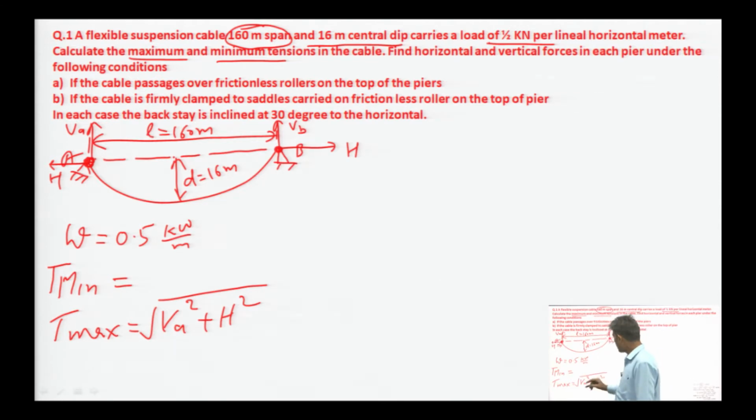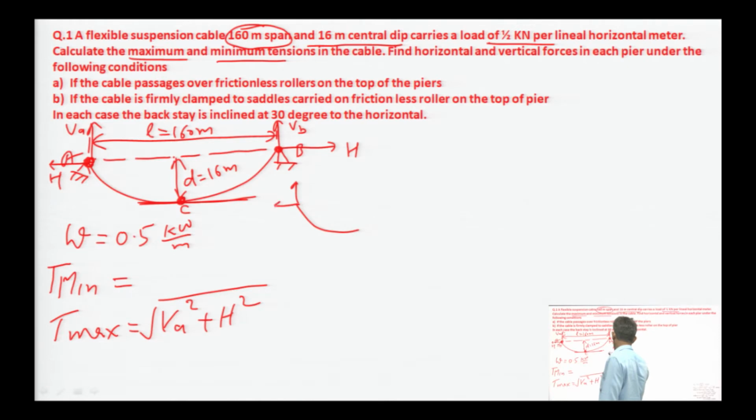So, the maximum value is this, and the minimum value is at this point. Suppose this point is C. And what will be the value? If you plot the FBD at this point, then what will we have?